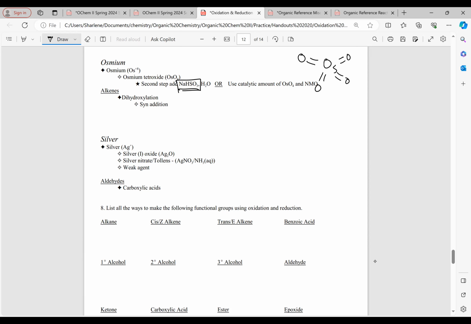So what are we going to do with it? There's only the one reaction. It's going to take our alkenes and it's going to do the dihydroxylation, but it's going to stop. You don't have to worry about it going on and cleaving. And that's the power of it. But it does take 2 steps.